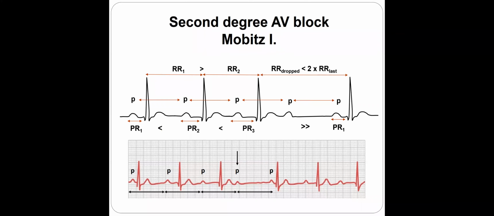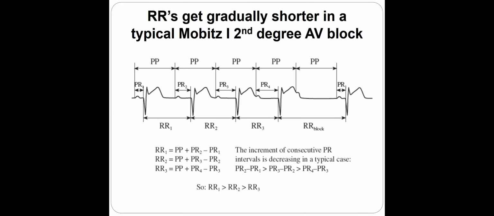Okay. Now, to understand why the RR is getting shorter, look at this graph. Here we can measure the RR interval. The first RR interval is equal to the PP interval plus the PR2 interval minus the PR1 interval.